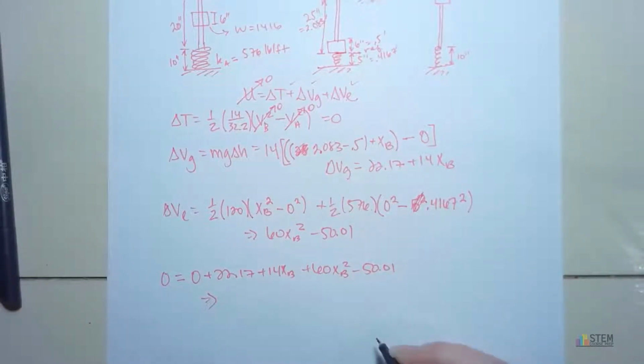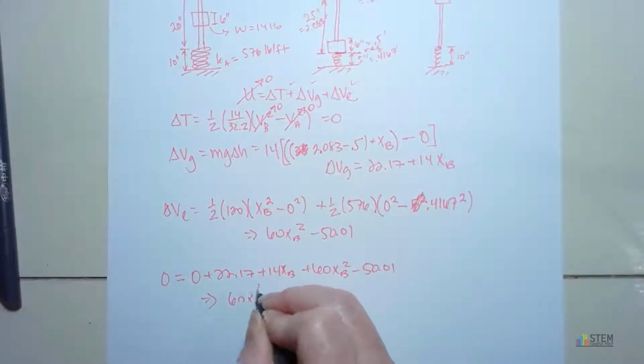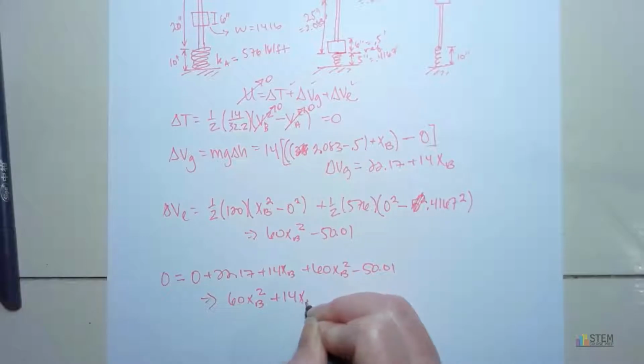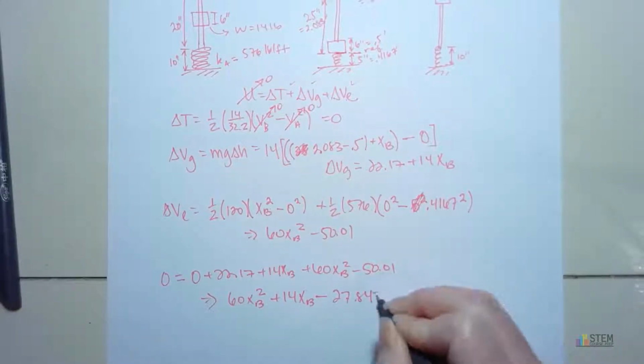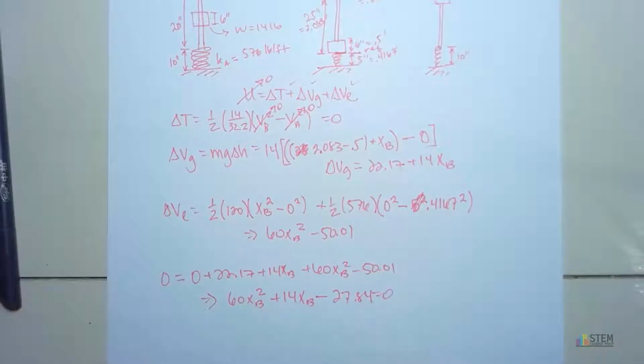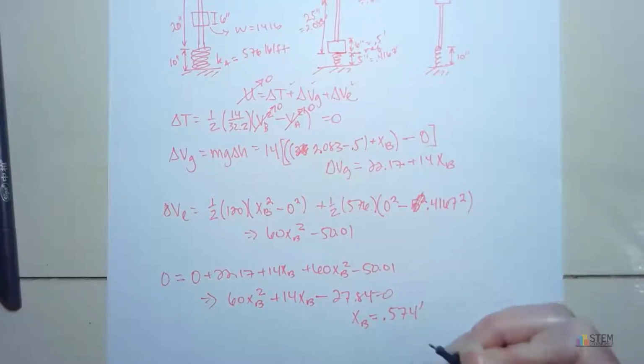Now that we got that, you can simplify that a little bit. You get 60xb squared plus 14xb minus 27.84. Set it equal to 0. Now you just do your quadratic equation. You'll get the value for xb, which is going to be 0.574 feet.